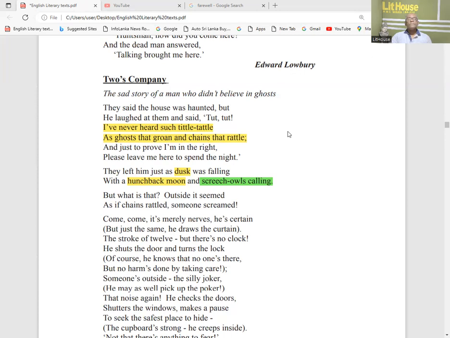Next technique. Third person point of view. Write down.